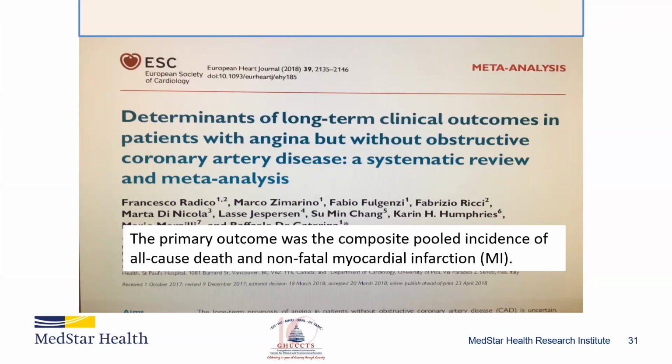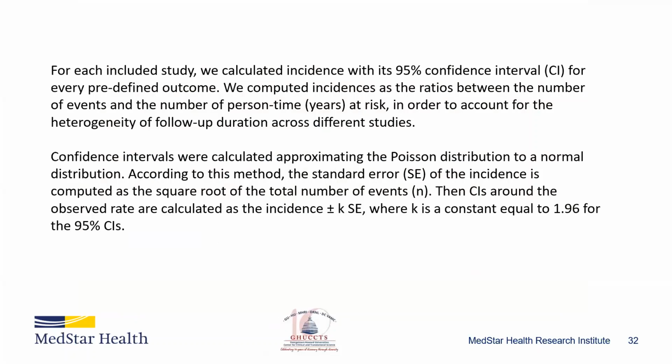In this case, the primary outcome was the composite pooled incidence of all-cause death and non-fatal MI. So I wanted to just present some of their methods and some of their results here in terms of what they said that they were doing.